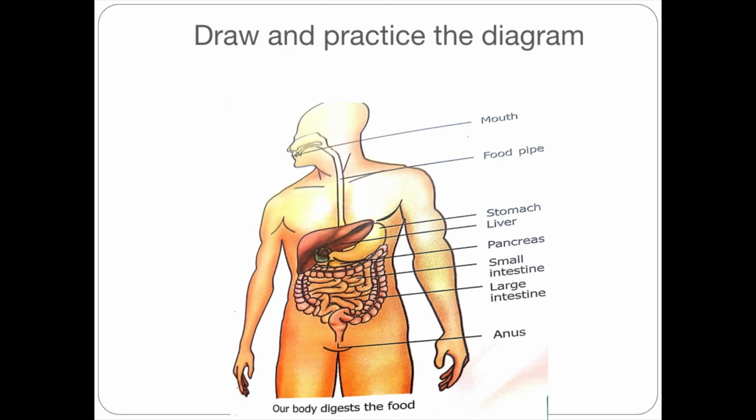Now, when we eat, the food passes in the food pipe, then in the stomach, liver, pancreas, small intestine, large intestine, and finally the waste comes out through the anus. I have already explained to you the function of each: the mouth, food pipe, stomach, liver, pancreas, small intestine, large intestine, and the anus. How each plays a very important role in the digestion of food.